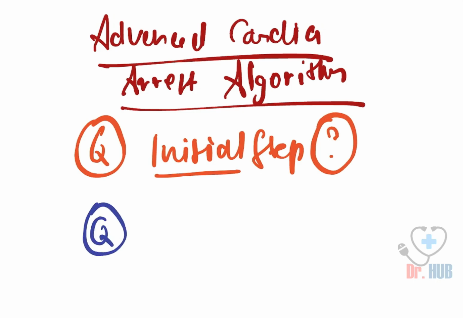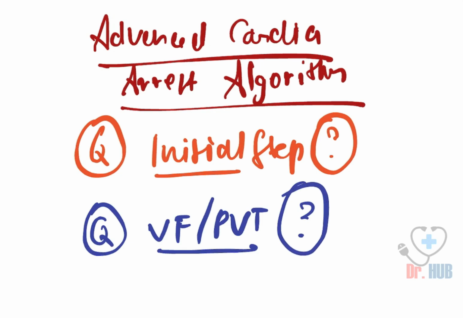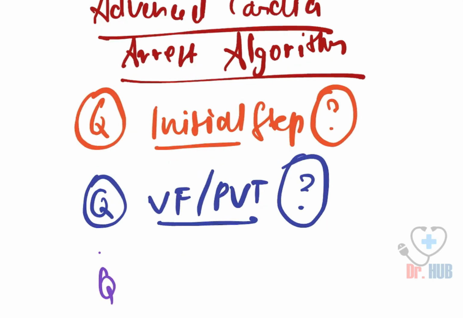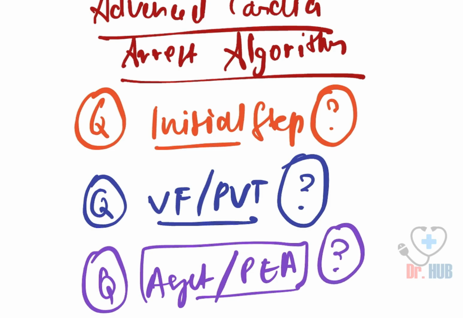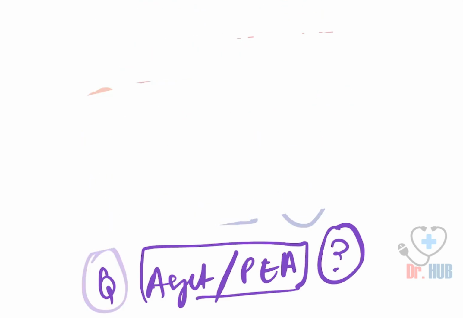Next, in case of VF or a PVT, what are the sequences we need to follow? Next question, in case of asystole or PEA, what are the protocols that have to be followed? So we'll find out these answers in this video.